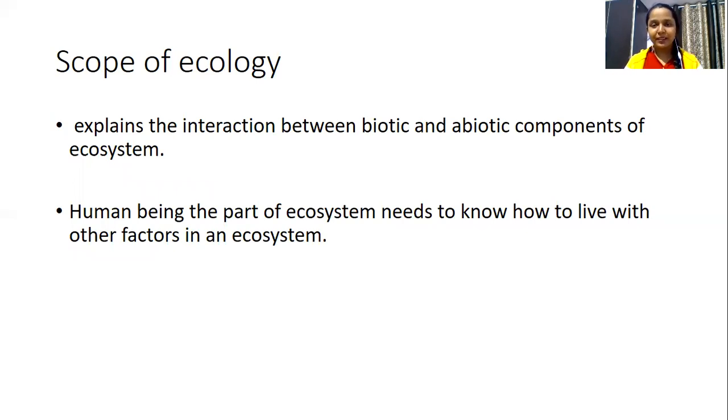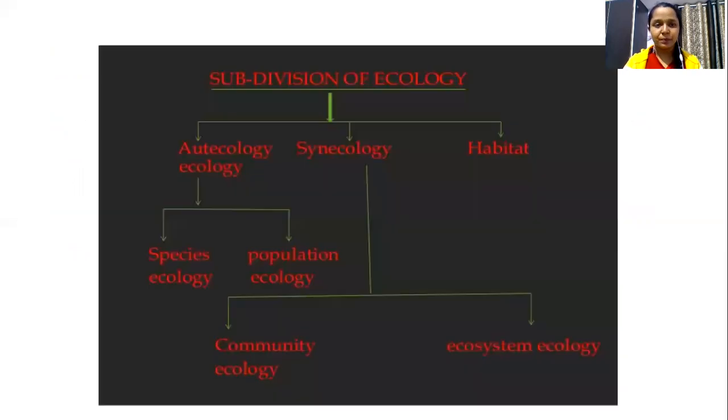To live happily on this planet, we need to understand the biotic and abiotic factors and their interaction. It is a must to know ecology so that we can live happily, because without understanding ecology you will get into the various pollution and other problems happening on earth today. As human beings are part of the ecosystem, it is a must for us to know what the ecosystem is, and to live with the other factors of the ecosystem.